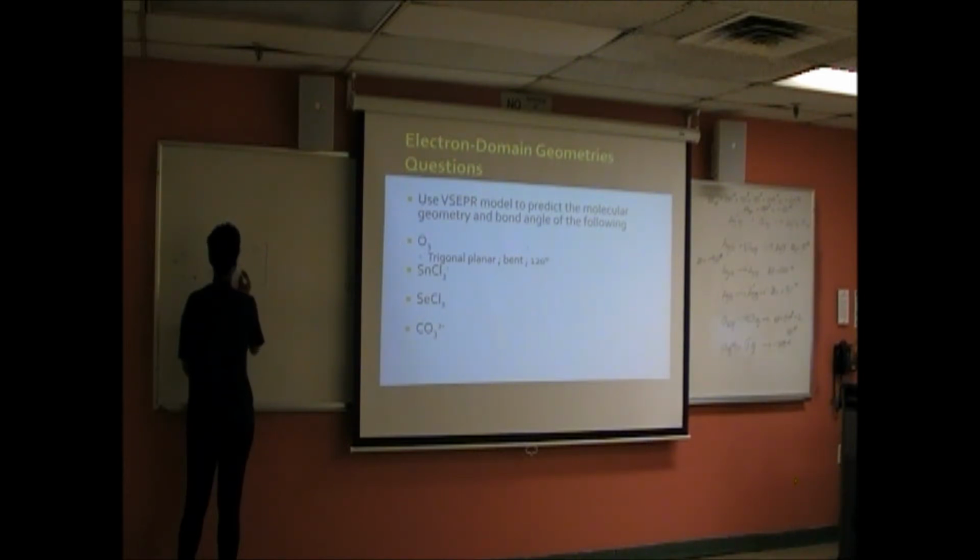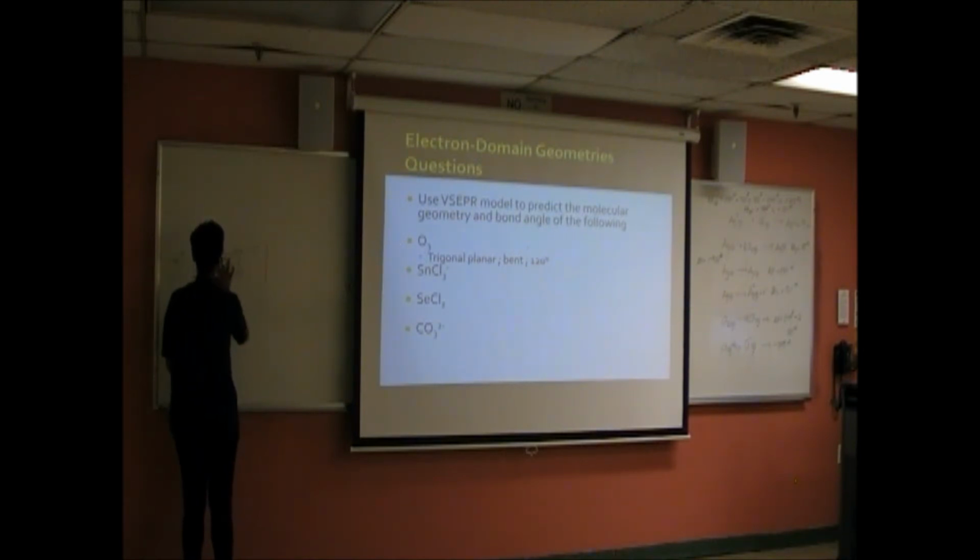Erase all of your dots and your lines as well. Now, how many electrons do you have to play with? 26. How many electrons have you just used up? 6. So how much do you have left over? Write down 20. That's how much you have left to play with.